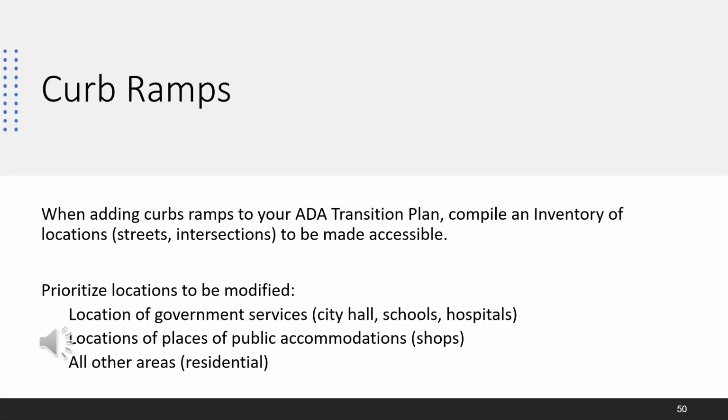When adding curb ramps to your ADA transition plan, compile an inventory of locations, streets, and intersections to be made accessible, and then prioritize the locations that need to be modified, with the highest priority being the locations of government services, City Hall, schools, and hospitals, and the lowest priority being areas such as residential areas that are not locations where public accommodations and government services are provided.